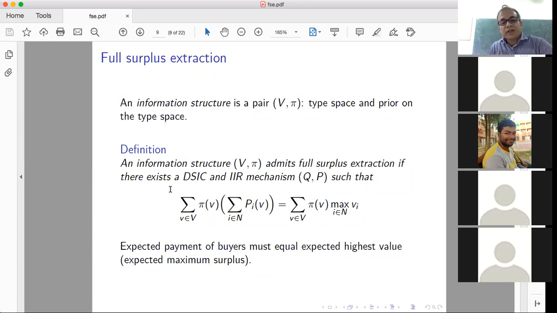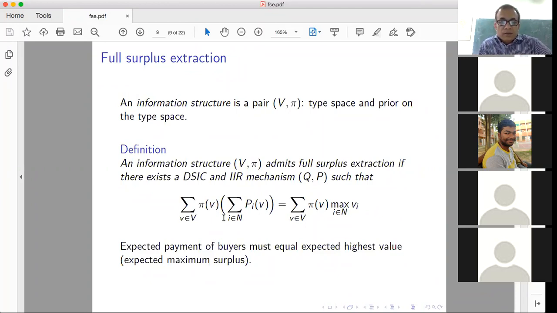Verbally, it says that the expected payment collected by the seller, which is the left-hand side, is equal to the expected highest value from the mechanism. Okay, so the highest possible surplus that can be generated.